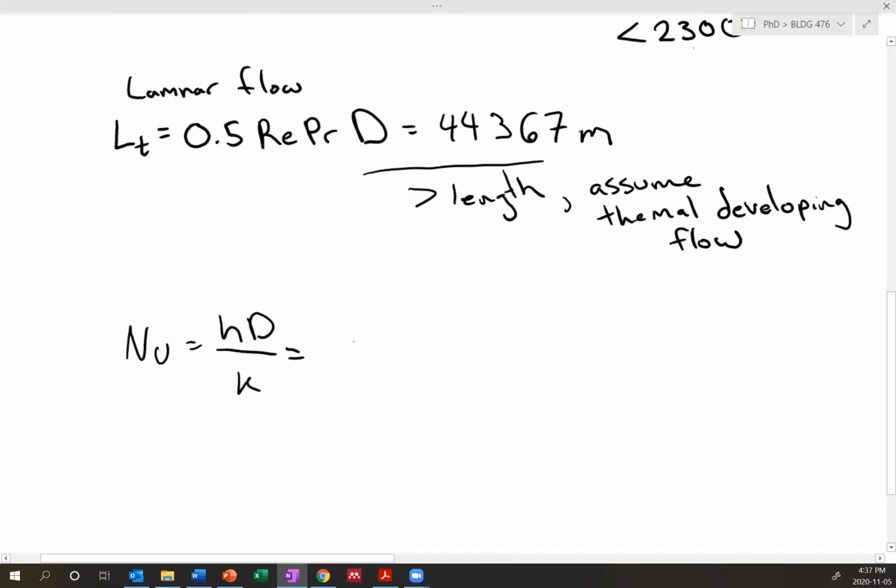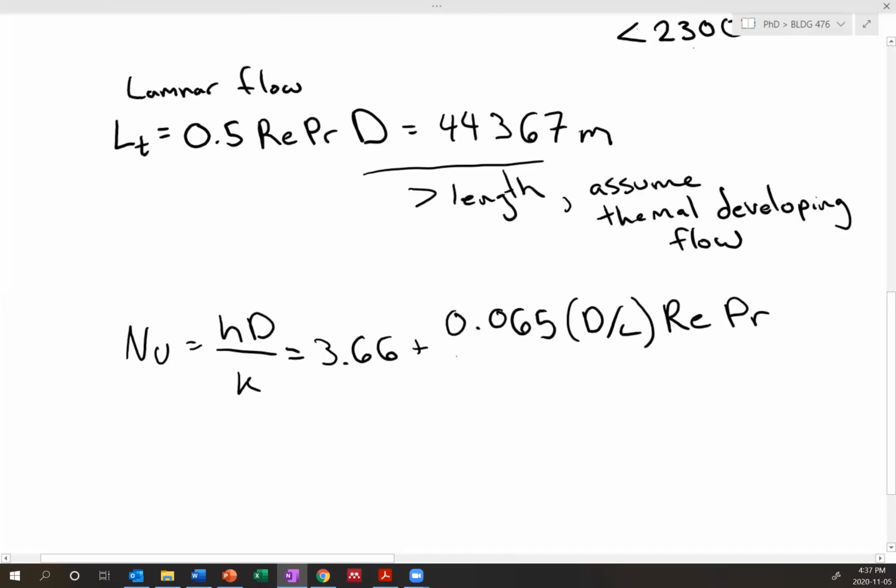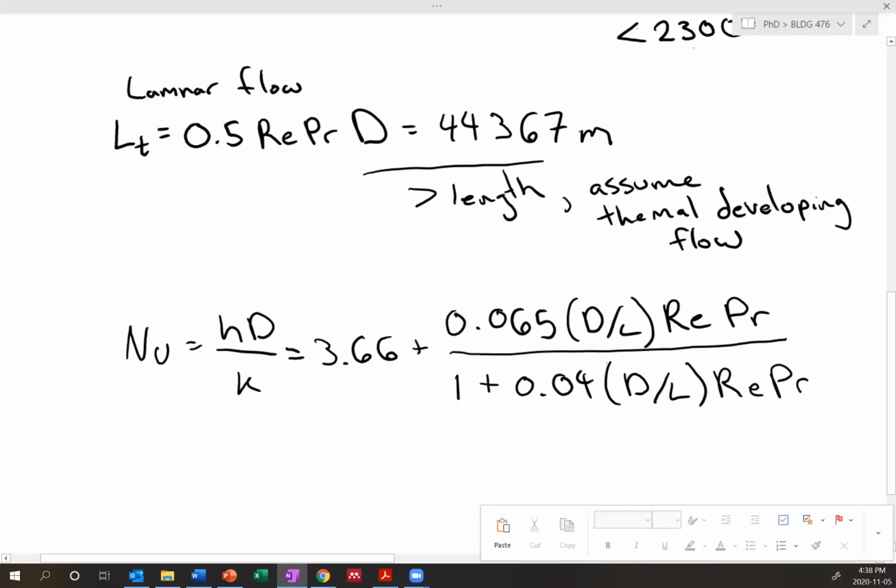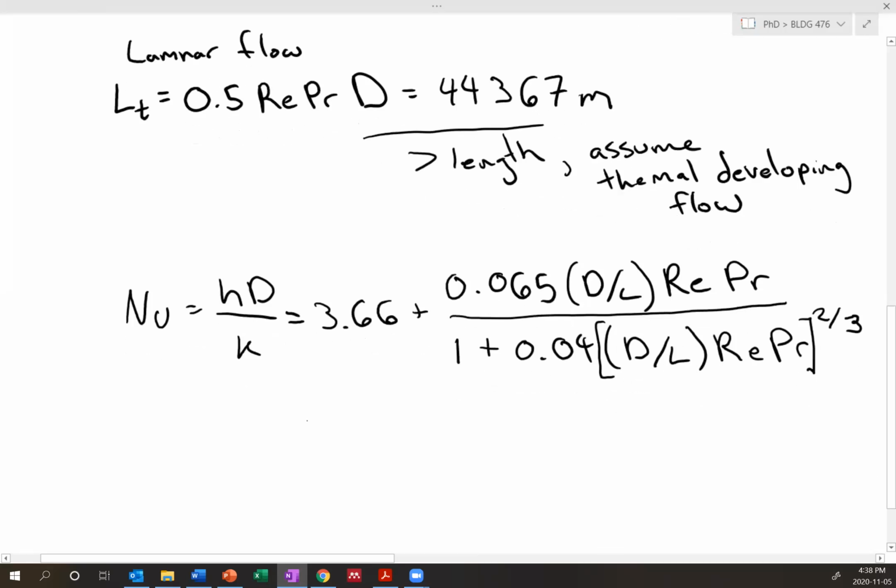And the correlation we're going to use is 3.66 plus... this will give us 13.73.